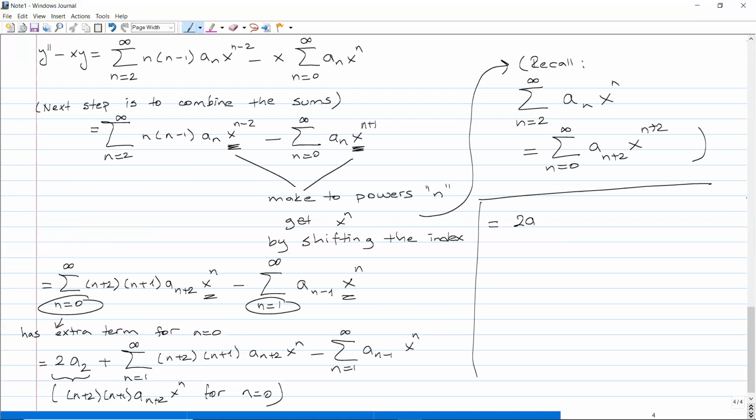So 2a2. And now the two sums, they have the same x to the n and the same initial point. So I can combine the two, n from 1 to infinity. Since x to the n is the same in both sums, I take it out. In the first one, the coefficient is n plus 2, n plus 1 times a n plus 2, minus, in the second sum, the coefficient is a n minus 1.